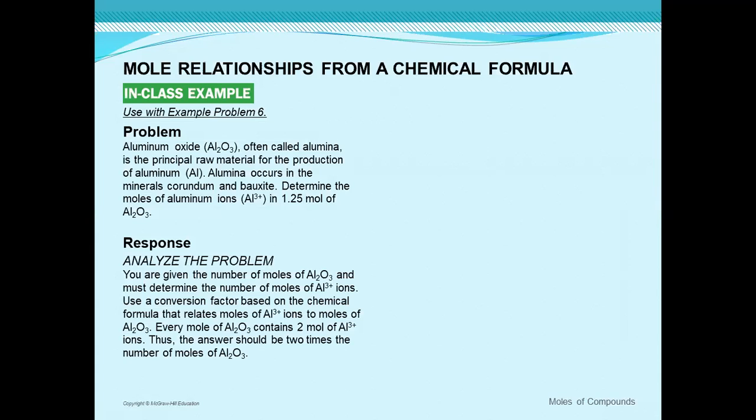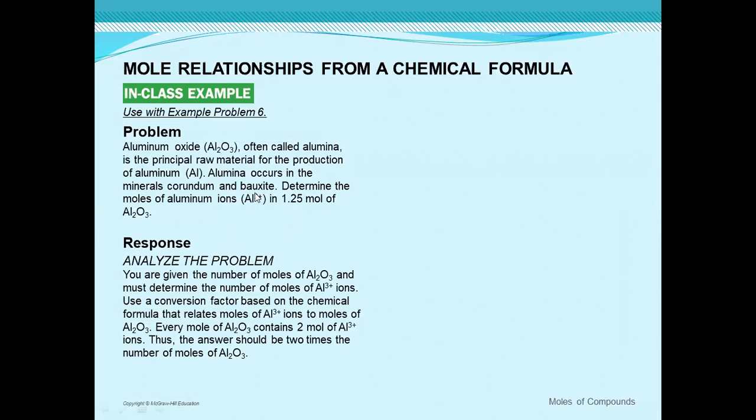Use the conversion factor based on the chemical formula that relates moles of Al3+ ions to moles of Al2O3. Every mole of Al2O3 contains 2 moles of Al3+ ions. Thus, the answer should be 2 times the number of moles of Al2O3.